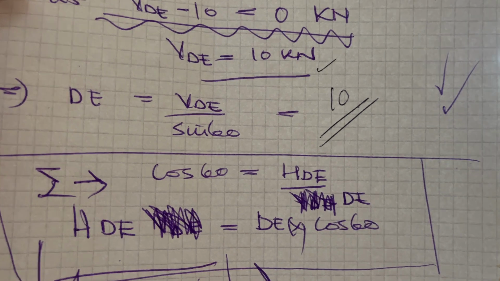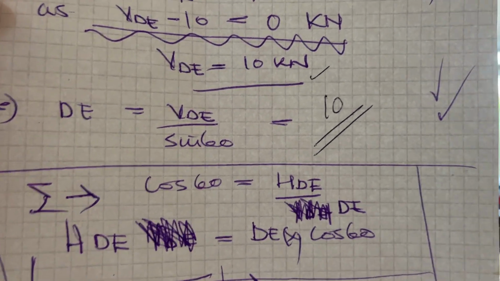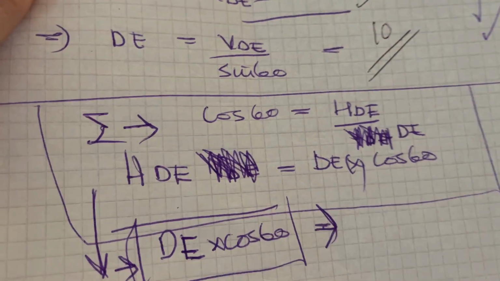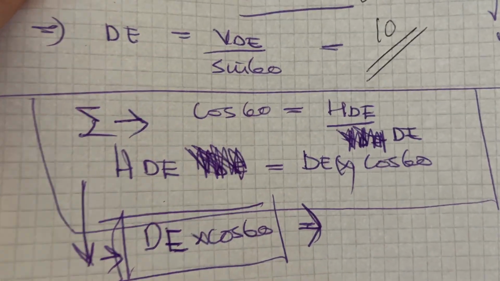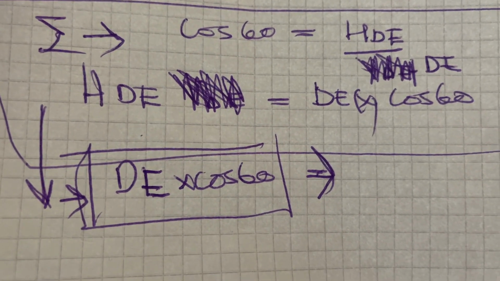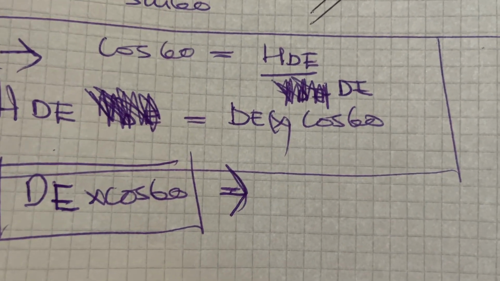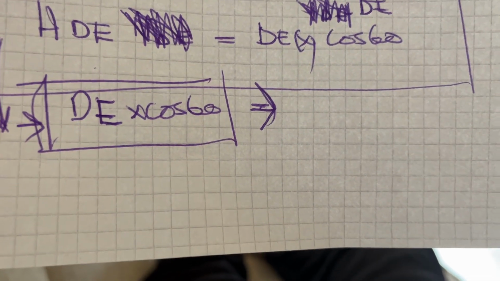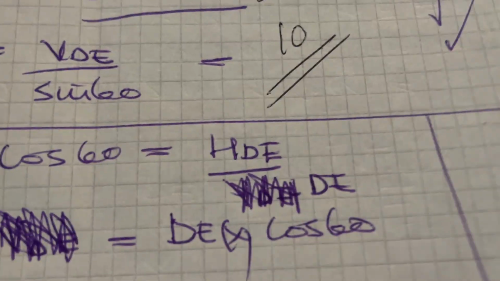I'll quickly figure that out in a minute. So that's 10 over sine 60, and then horizontal equilibrium, cos 60 equals HDE over DE. Therefore HDE equals DE cos 60. I'll fill those numbers in the next video.